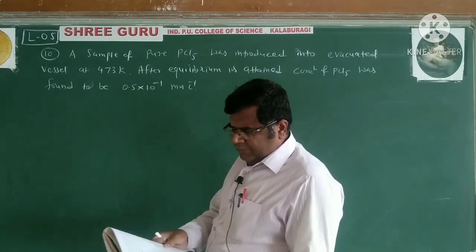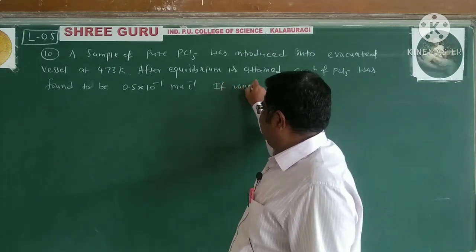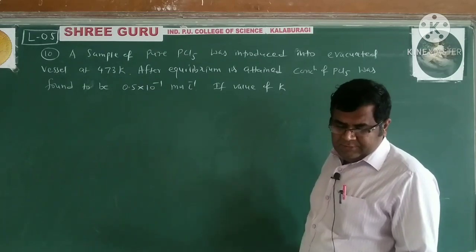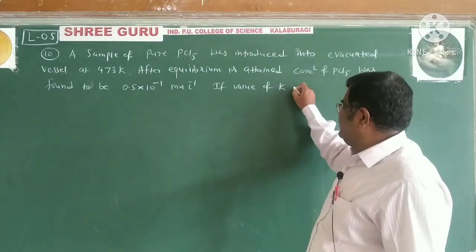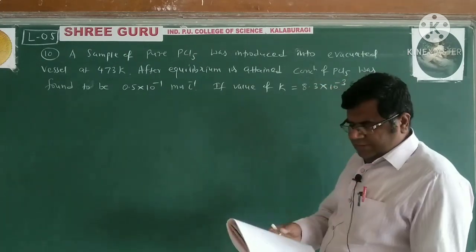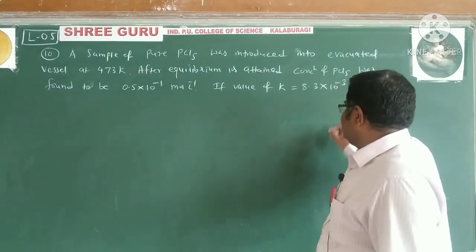If the value of K is equal to 8.3 into 10 raised to minus 3, what are the concentrations of PCl3 and Cl2 at equilibrium?